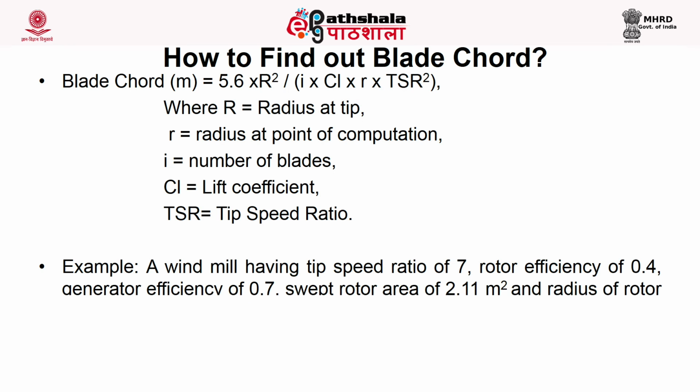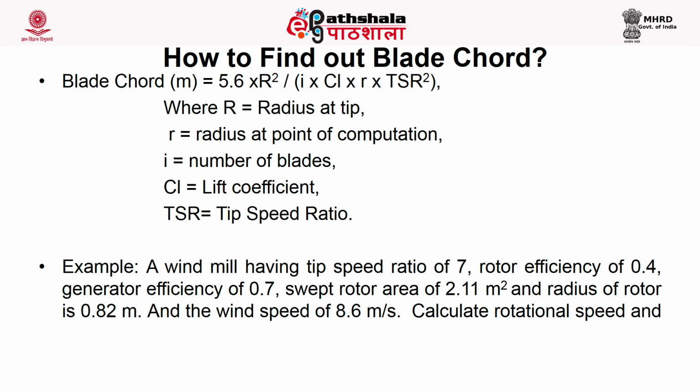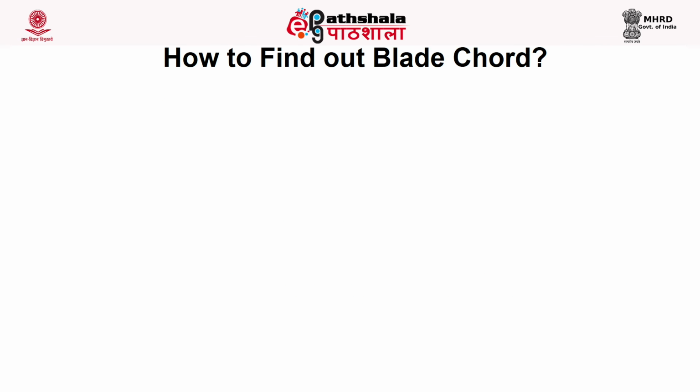Calculate the rotational speed and power output of the turbine having a tip speed ratio of 7, rotor efficiency of 0.4, generator efficiency of 0.7, swept rotor area of 2.11 meter square and radius of rotor of 0.82 meter. For this, just apply the equations. For the rotational speed, that is velocity multiplied by tip speed ratio into 60 divided by 6.28 into radius at tip.